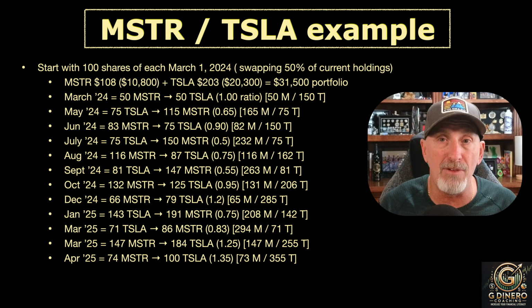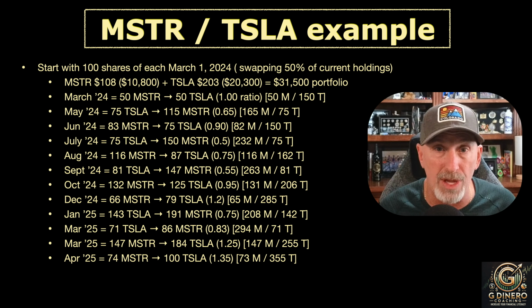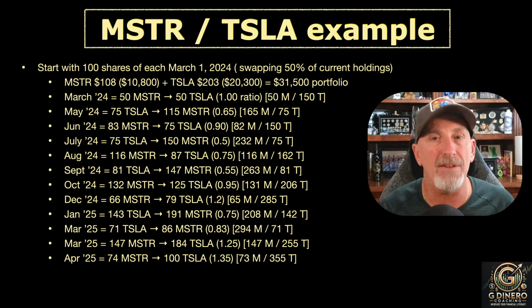Well, half of what you're currently holding is 75 Tesla shares. 75 divided by 0.65 gives you 115 MicroStrategy shares. Added to the 50 that you were already holding, you're now at 165 MicroStrategy shares, and you're left with 75 Tesla shares.